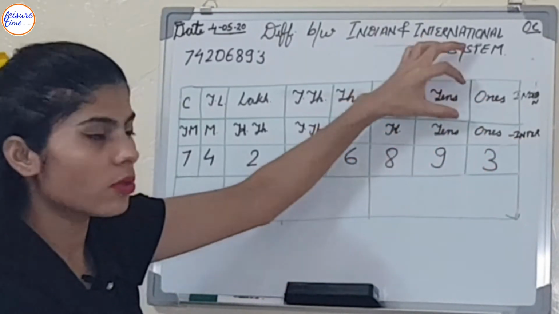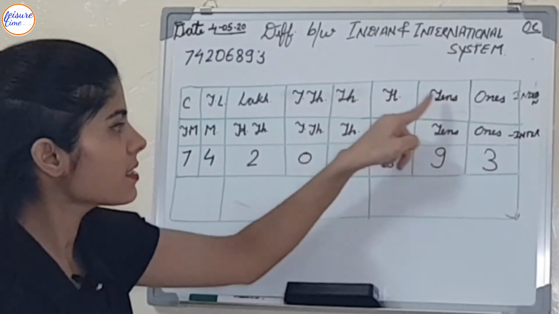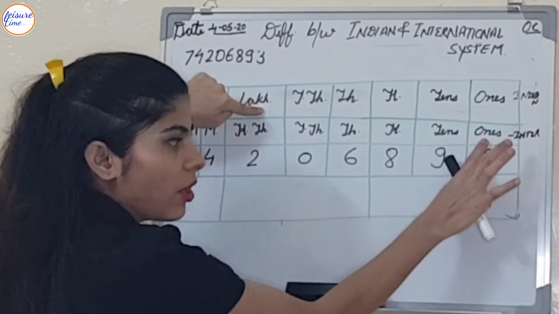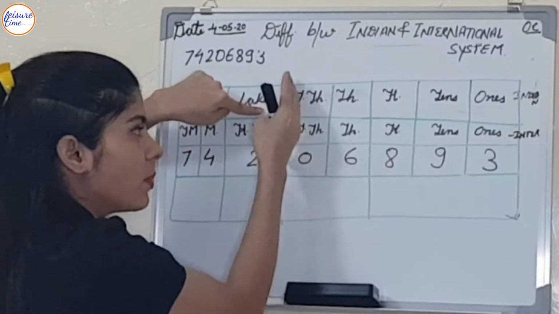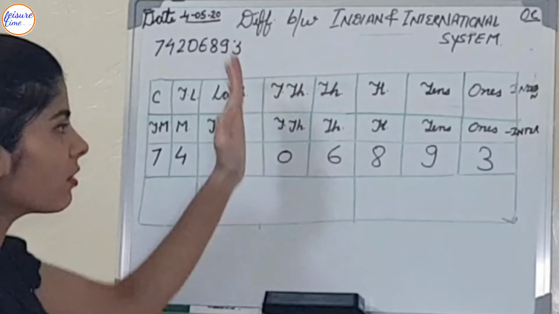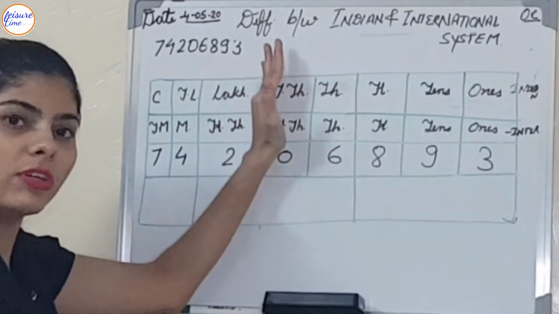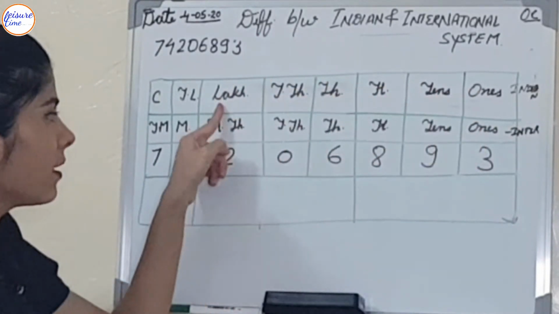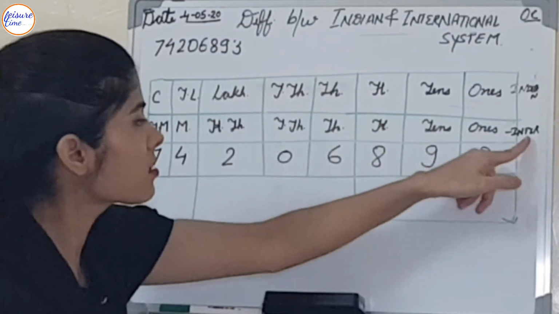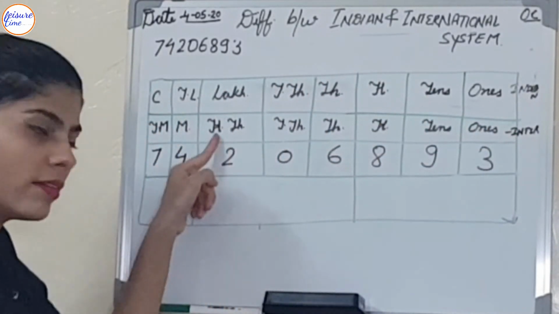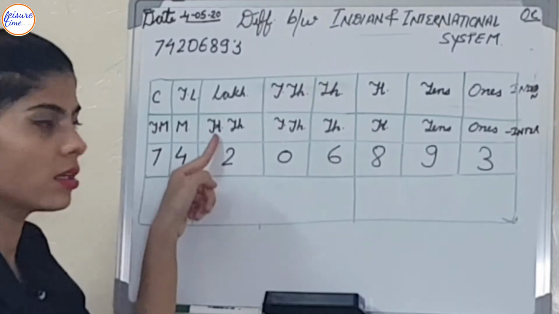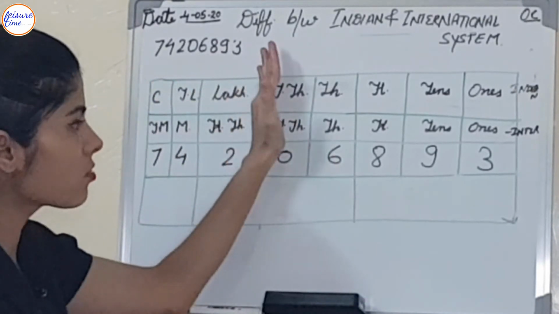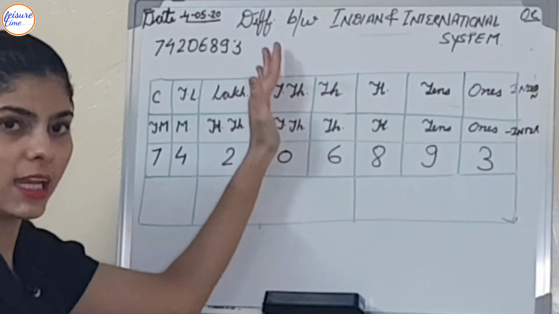Up to 10,000 it is the same, and after 10,000 it differs. After 10,000 in the Indian system comes lakh, but in the international system after 10,000 comes 100,000. Only this one differs; till 10,000 it is the same for both.